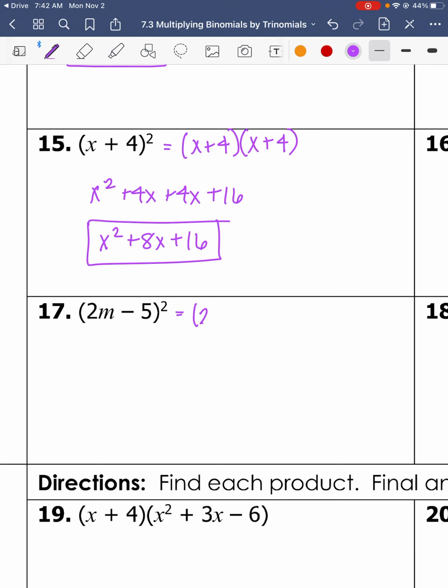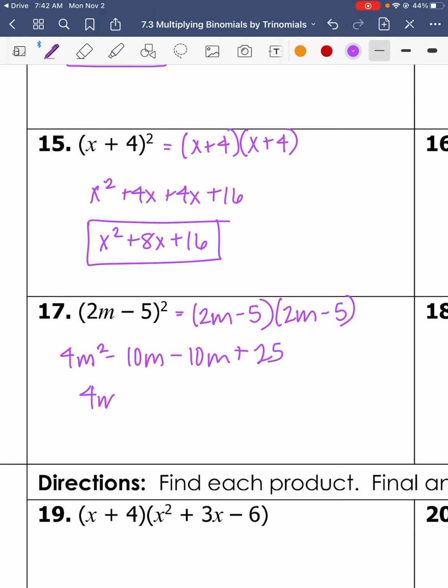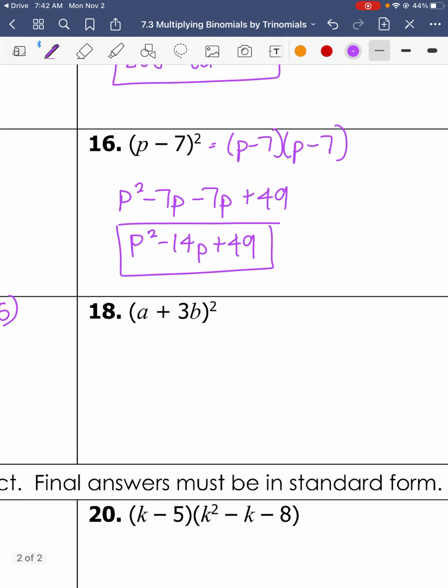This is another squared binomial, so this is equal to 2m minus 5 times 2m minus 5. They're being multiplied together. We get 4m squared minus 10m minus 10m plus 25, so 4m squared minus 20m plus 25. It's in standard form, so we're good to go there.